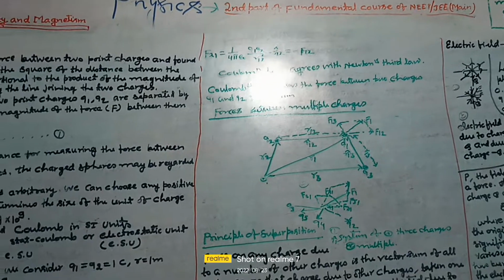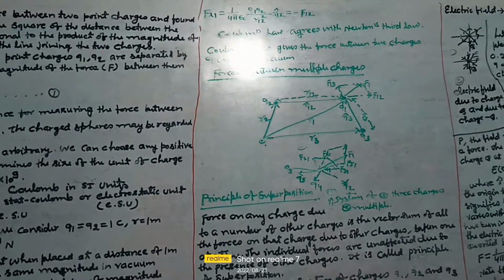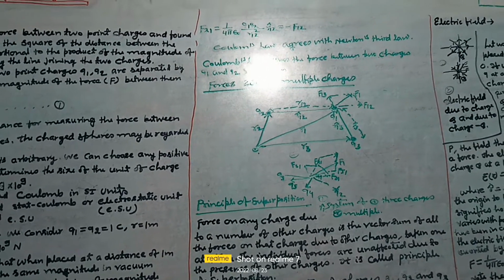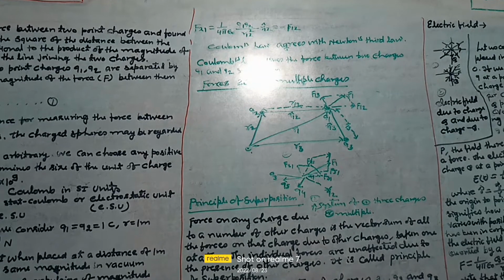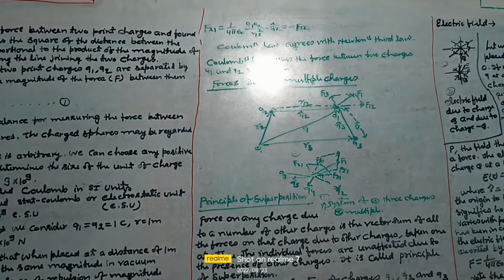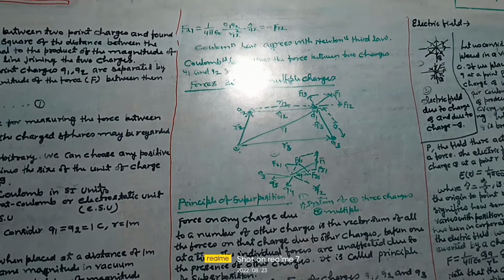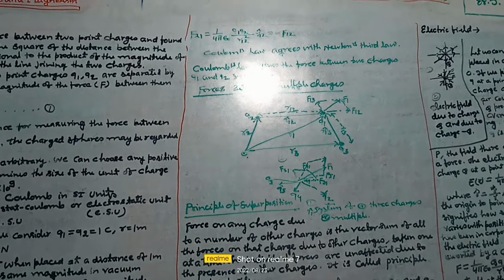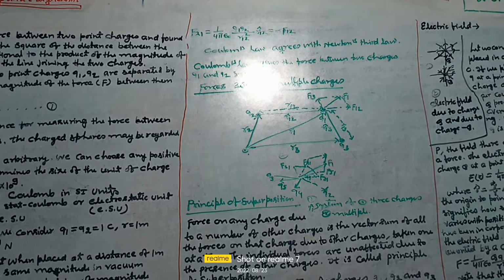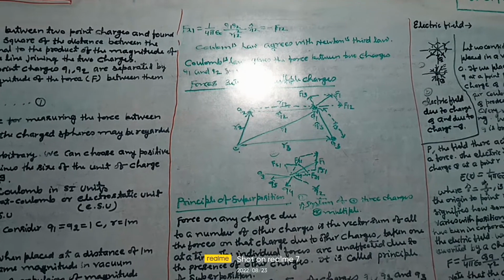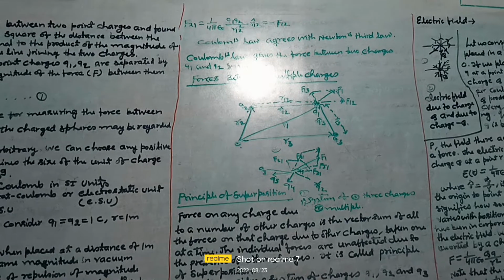By the principle of superposition, the force on any charge due to a number of other charges is the vector sum of all the forces on that charge due to the other charges, taken one at a time. The individual forces are unaffected by the presence of other charges. It is called the principle of superposition.